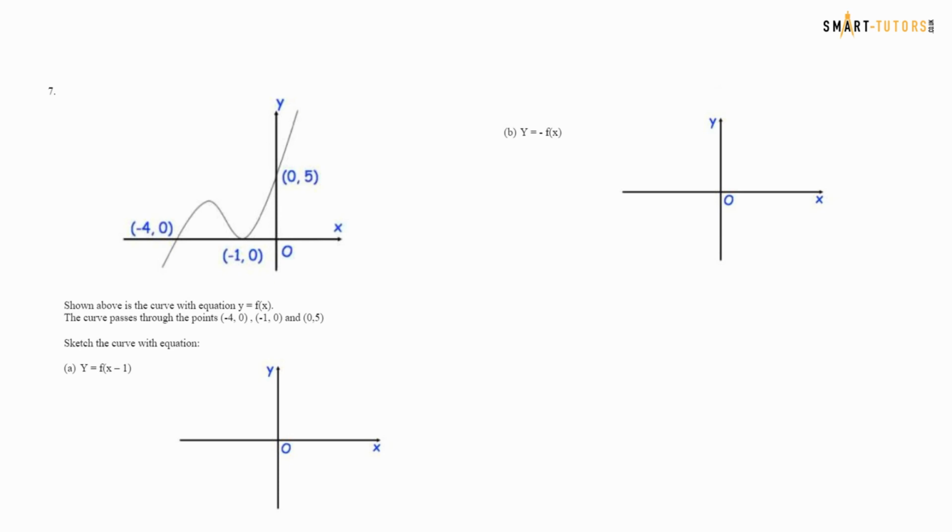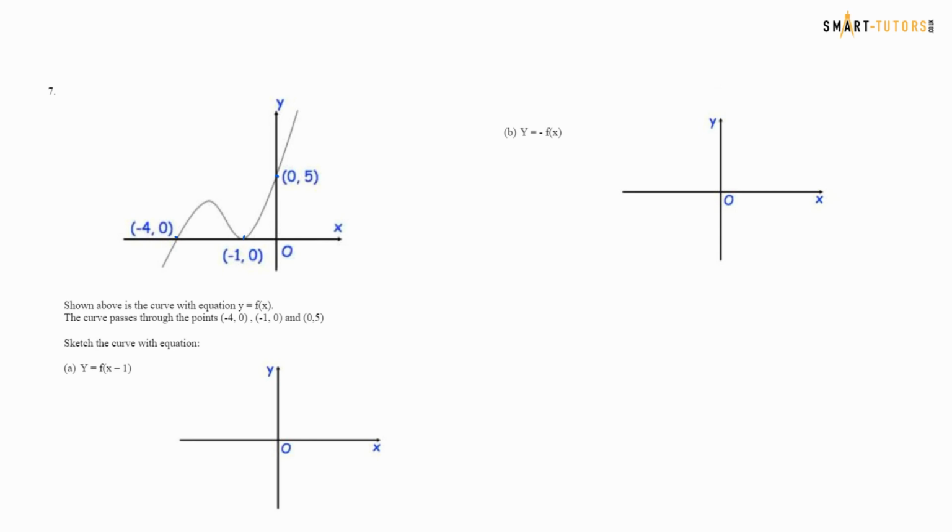Question number 7. Shown above is the curve with equation y equals f(x). The curve passes through the points minus 4, 0, minus 1, 0, and 0, 5. Sketch the curve with equation y equals f(x minus 1).